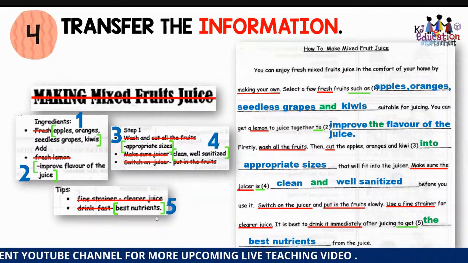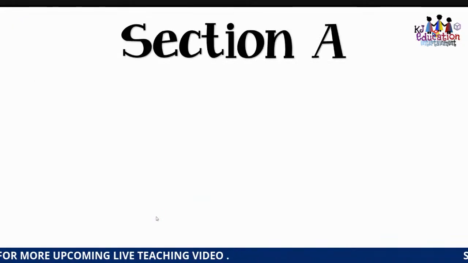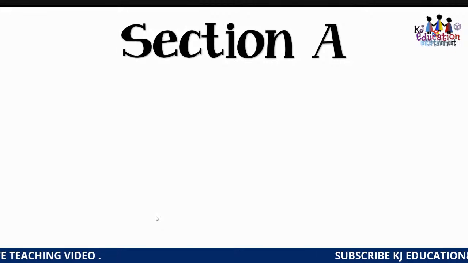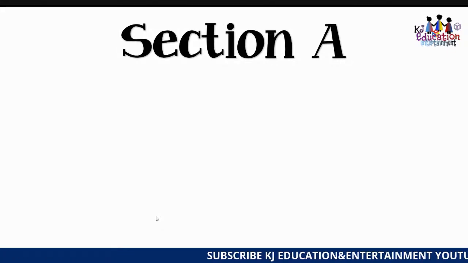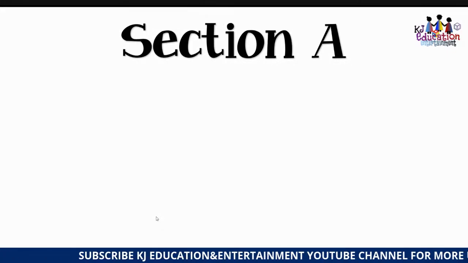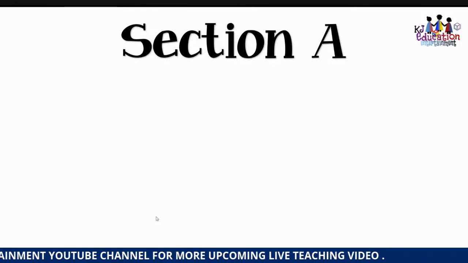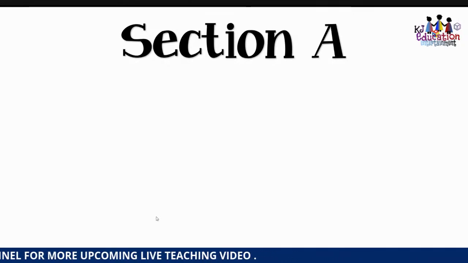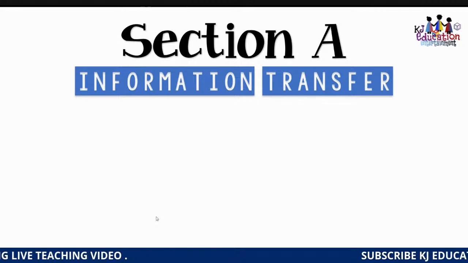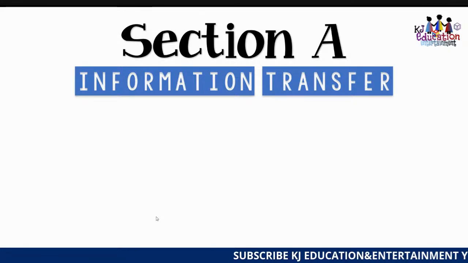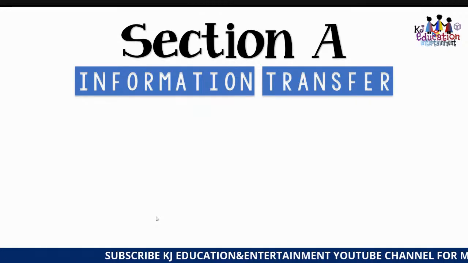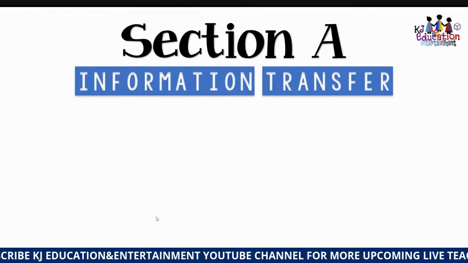All right? So amazing. You guys have done a great job. Okay, so for section A, what have we done so far? We have actually come to the end of our lesson today. So when it comes to section A, we have done amazing job, amazing techniques for information transfer.